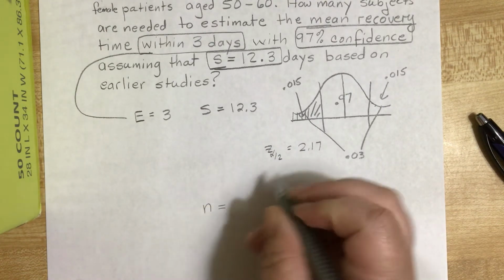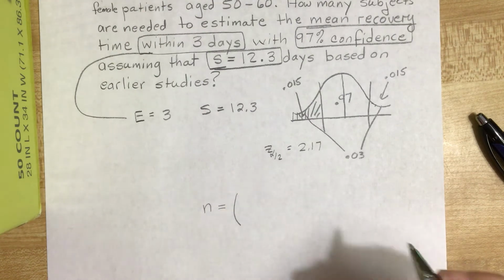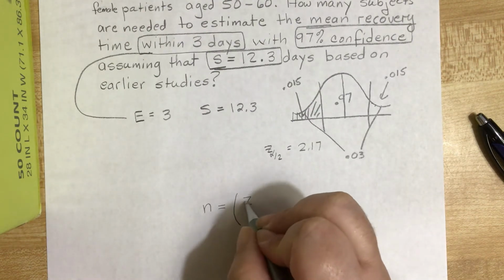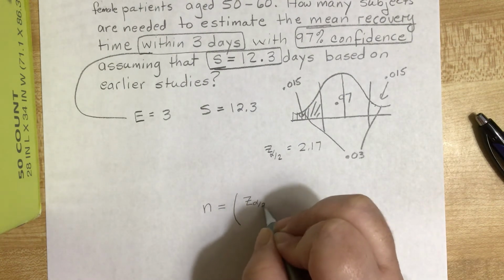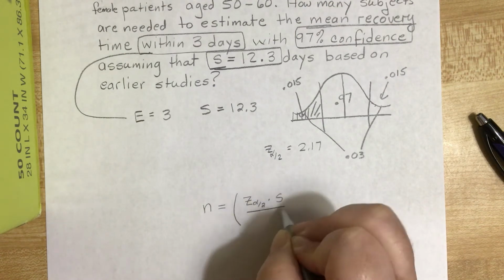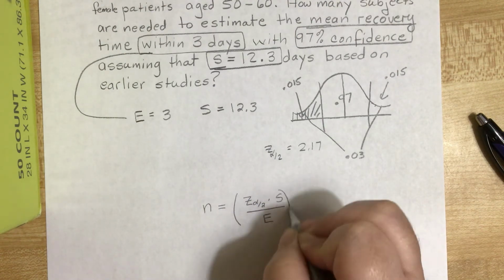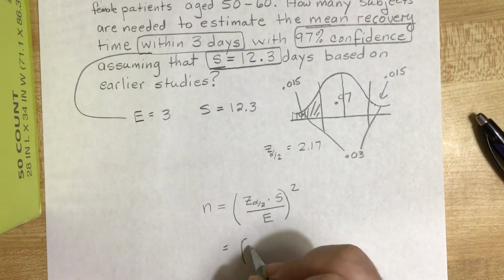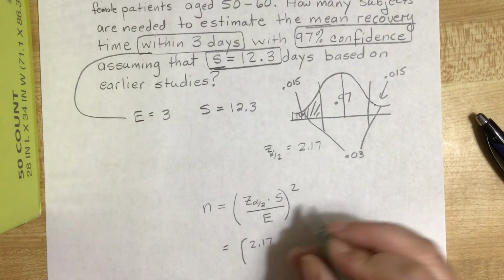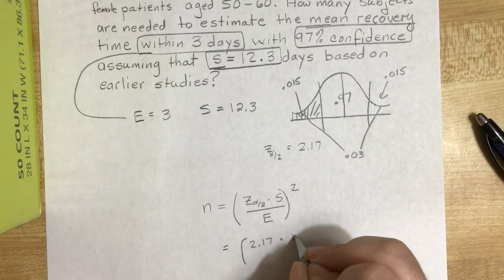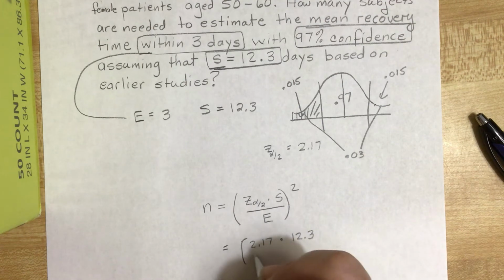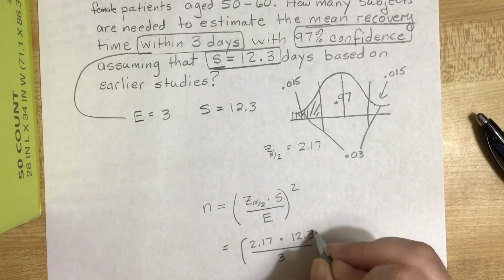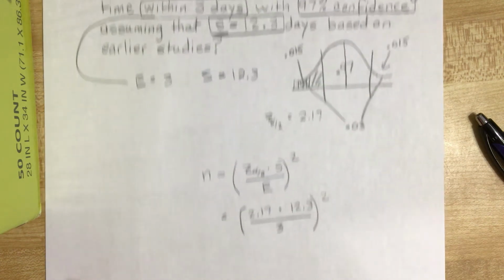We know that n is equal to our z alpha over 2 value times our s divided by our error squared. So we're going to have 2.17 times the standard deviation 12.3 divided by 3 squared.